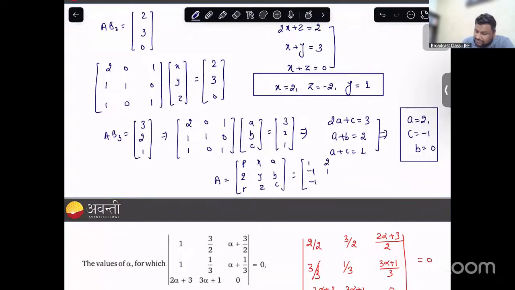Sorry, XYZ is 2, 1, -2. And ABC is 2, 0, -1. This is your matrix B. Now, once you have got B, you can find everything regarding B. Determinant they are asking, which is alpha. Then sum of diagonal entries, meaning trace, they are asking, that is beta. Am I clear?